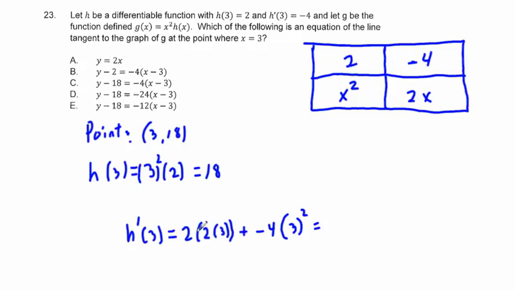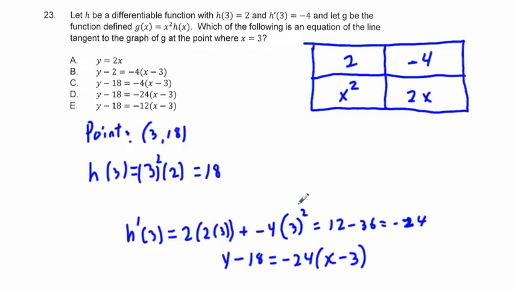So we have 2 times 6, so 12 minus 36, which is negative 24. So what we're going to have here is y minus 18 equals negative 24 times quantity x minus 3. It looks like it should be right. Our answer choice is D.